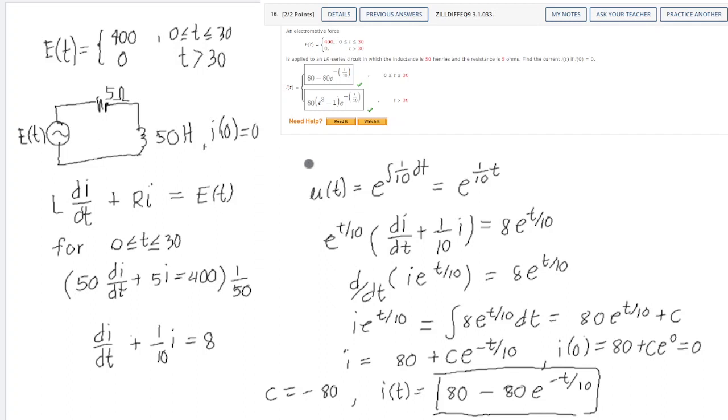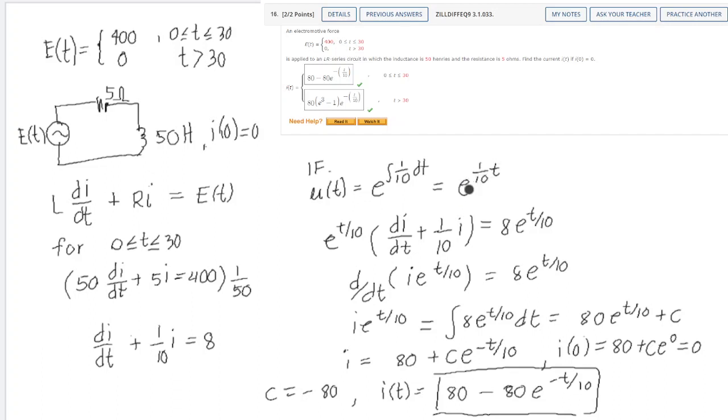This is our integrating factor mu of t, and we have e to the integral of 1 over 10 dt. The 1 over 10 comes from here, our p of t, the coefficient of the variable I. When this is integrated, the constant comes out, and the integral of dt is just t. So we have this integrating factor, e to the t over 10.